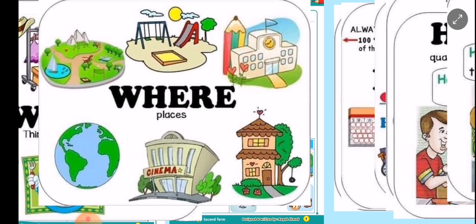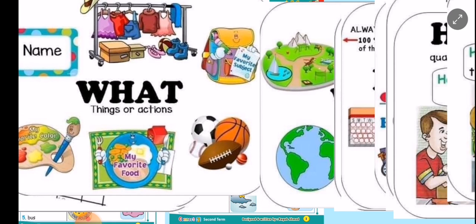And we also have where, which is for places. We ask about places and the answer should be a place. Where do you live? I live in Nakhal. Where are you from? I'm from Oman, and so on. This is the meaning of where, when we use it to ask about places, locations. And here we have what: things, actions or information.